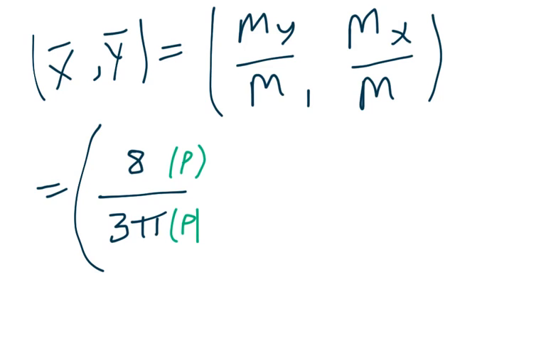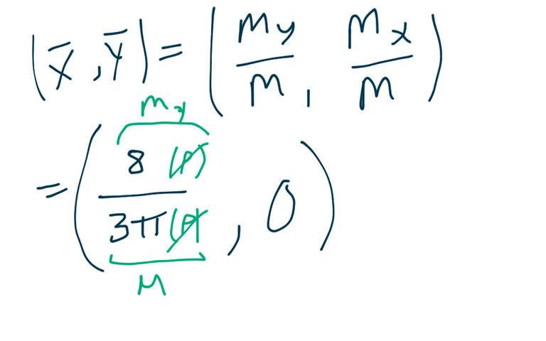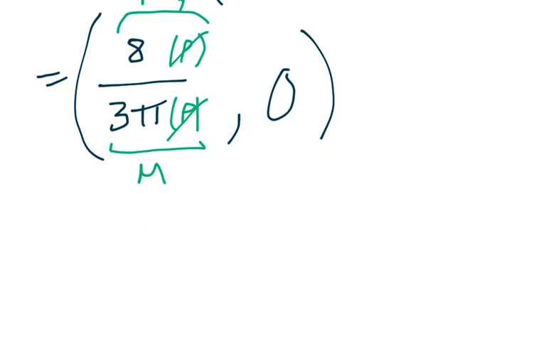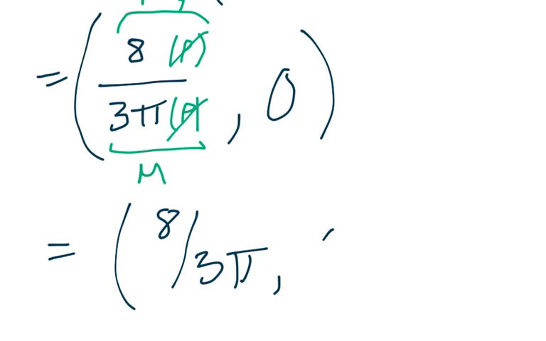Because this would give you mass, and then this would give you the actual my. But we got rid of the rho because they cancel anyways. And this one's 0. So what you end up with is 8 over 3 pi and 0. And that's your final answer.